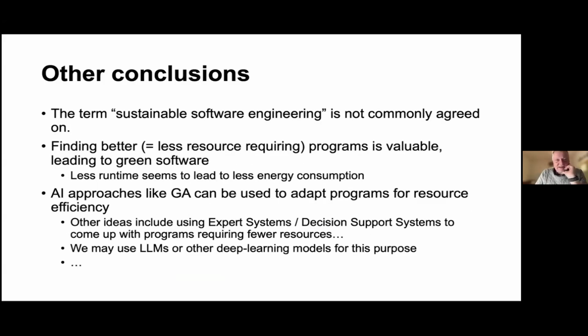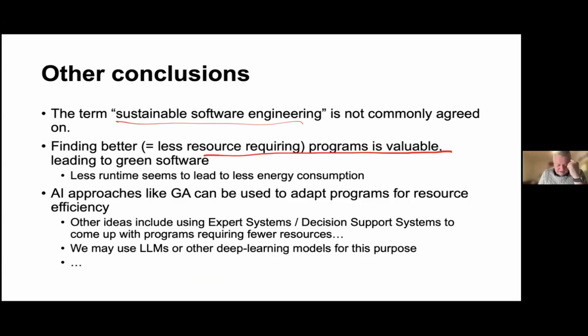It's also interesting that there are many facets of sustainable software engineering. I would say it's not a common agreement, but there is a large agreement on that, but not a complete agreement. Basically, it means on one side finding better, less resource-requiring programs. It may mean also improving the development process.